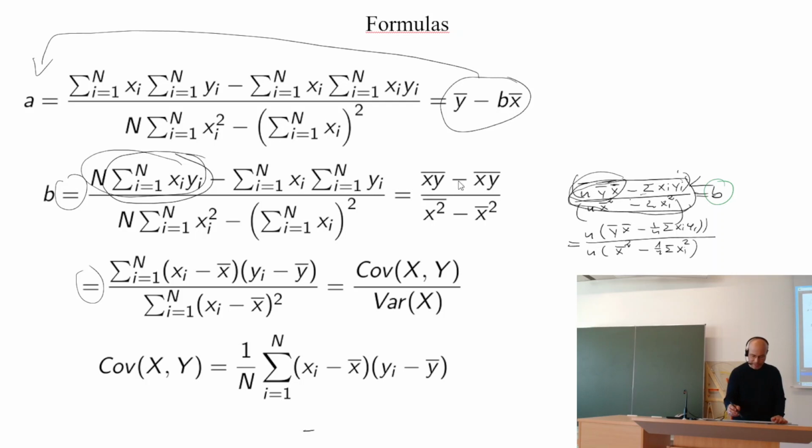So what I obtain here is that this number is nothing else than the average of the product of x and y. But there you have to keep in mind, at first you have to take the product and then average.